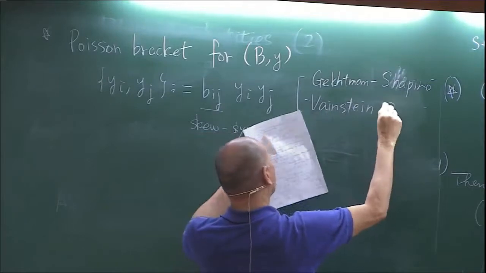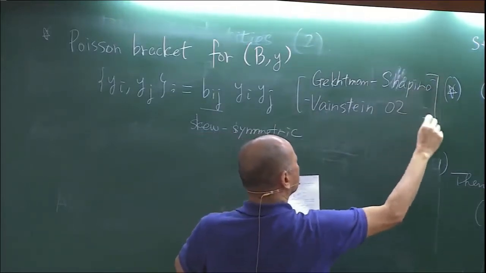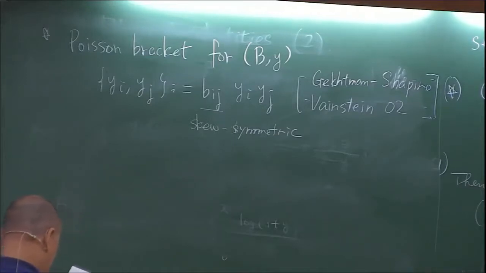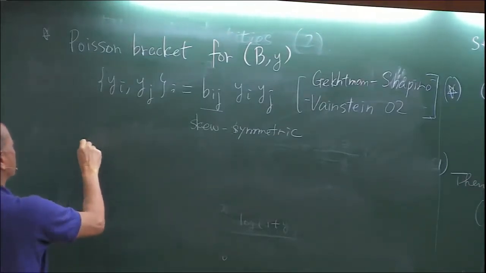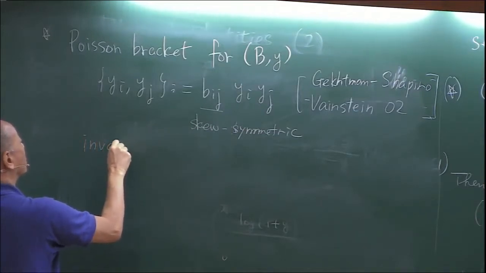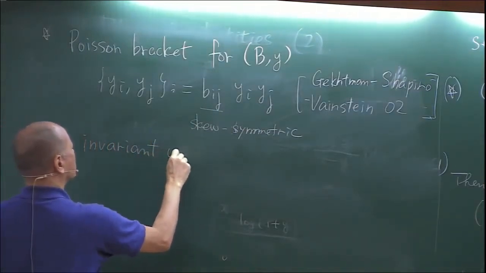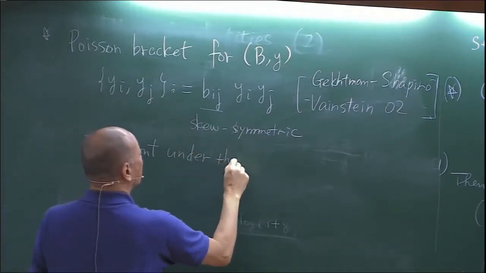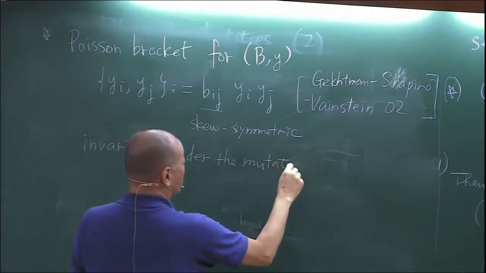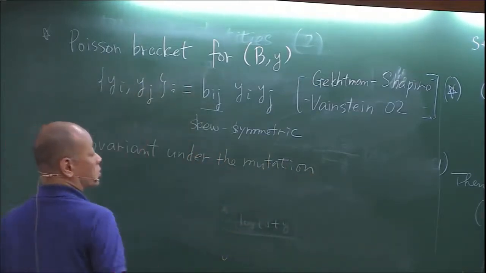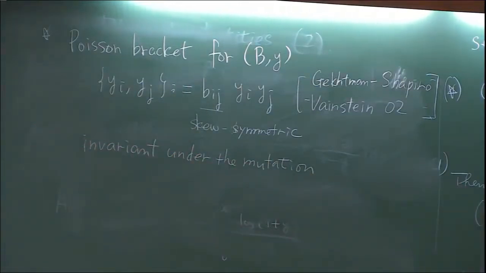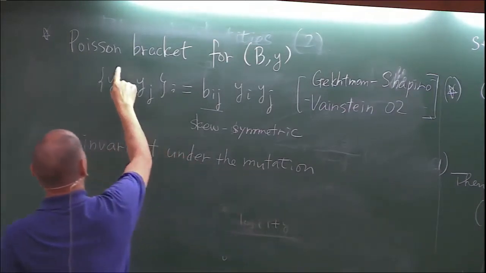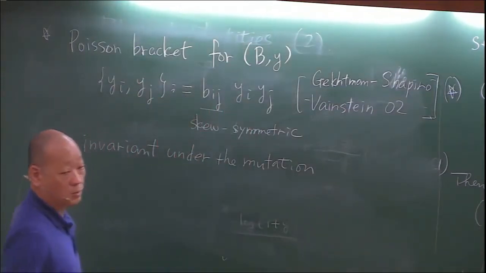This was at a very early stage of cluster algebras, when cluster algebras were not popular at all. And this has a very nice property under mutation, namely it is invariant under the mutation. Which means that if you define the same quantity for your variable, and then define the prime variable by this mutation, then they satisfy the same Poisson bracket, with everything replaced by prime variables.